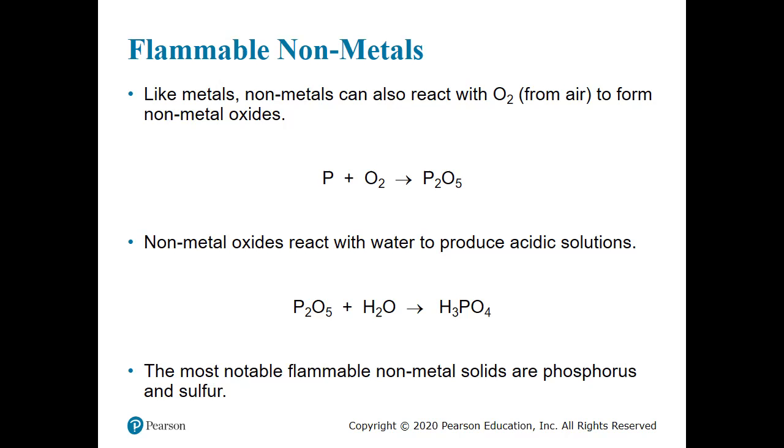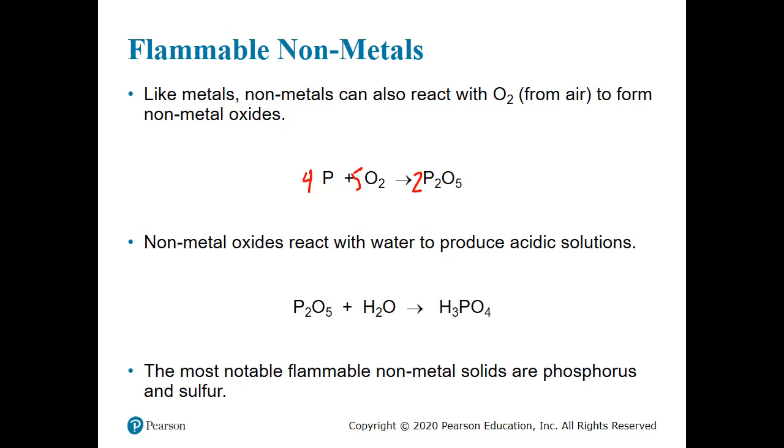We're going to start here with phosphorus, though. So with phosphorus, we can create a chemical reaction between elemental phosphorus and oxygen to make a compound.